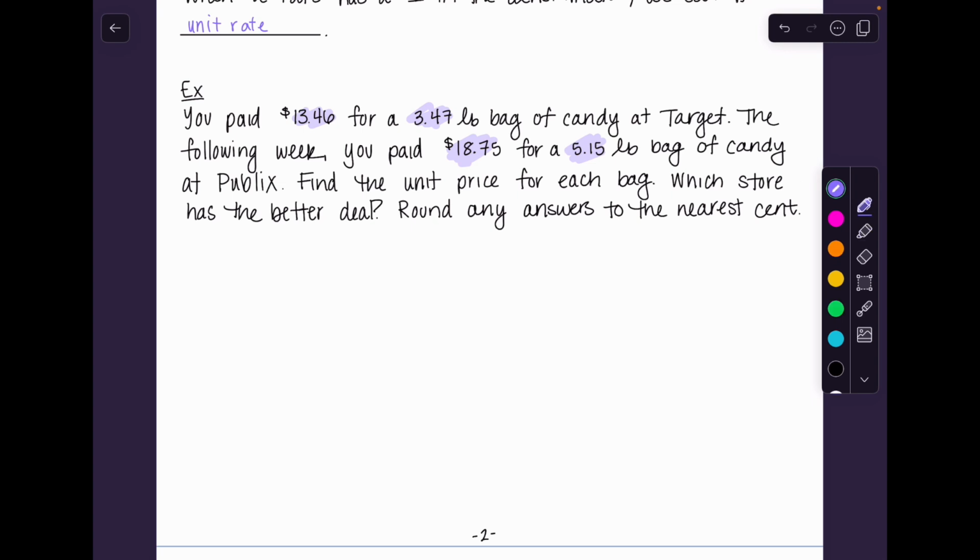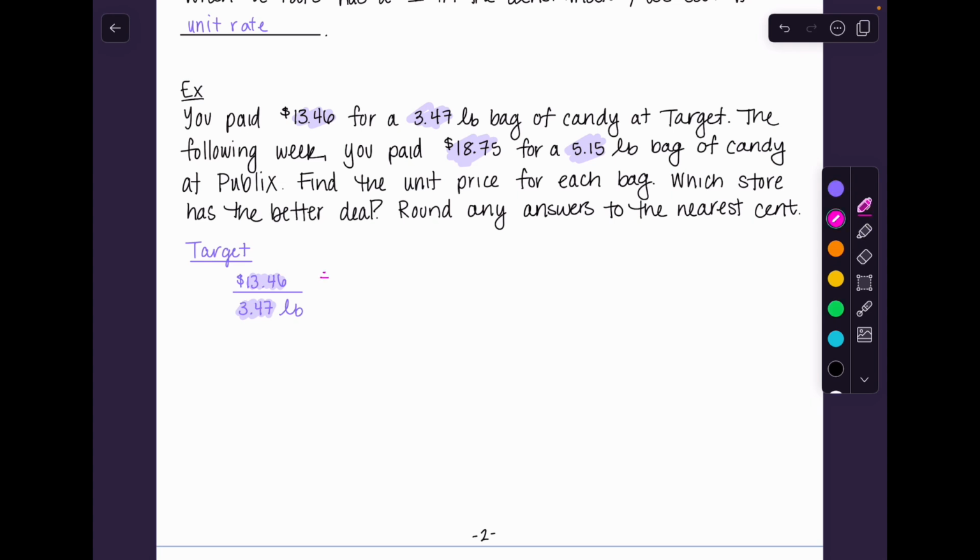So what I'm going to do is figure out what was the price per pound that I paid. So we're going to start with our Target bag. If I think about this as a rate, we paid $13.46 for 3.47 pounds of candy. So what I'm going to do is see how much I paid for a single pound to get a unit rate on this. So again, all I want to do is get a 1 in the denominator. So really you just need to take the 13.46 and divide it by 3.47.